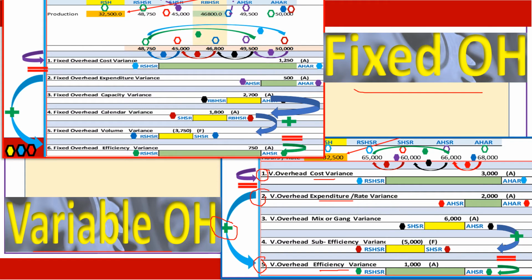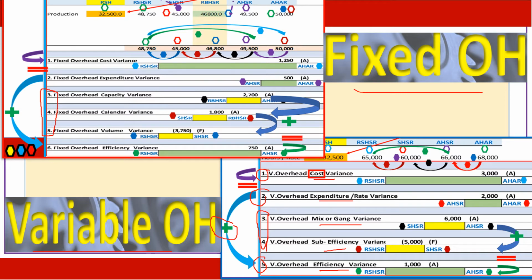And efficiency variance has sub-variances of mix and gang and sub-efficiency. On the face of it, in respect of efficiency variance, we have two sub-variances in case of variable overheads, whereas the number of sub-variances in case of fixed overheads is 3, and it is subject to a condition which we will come to.